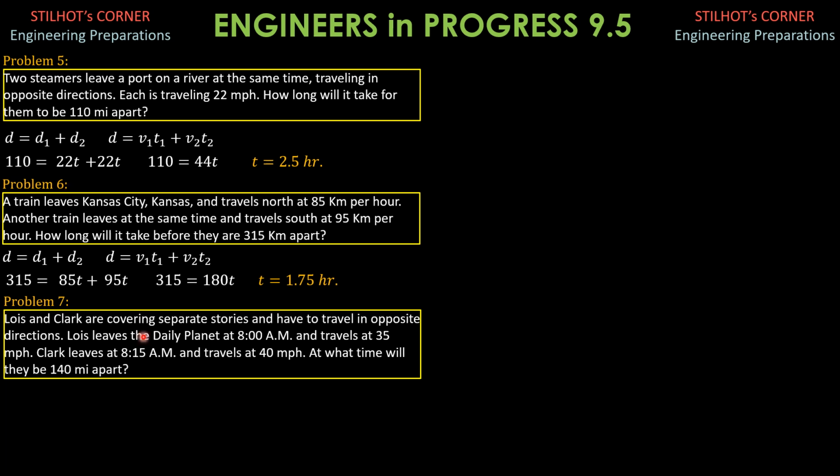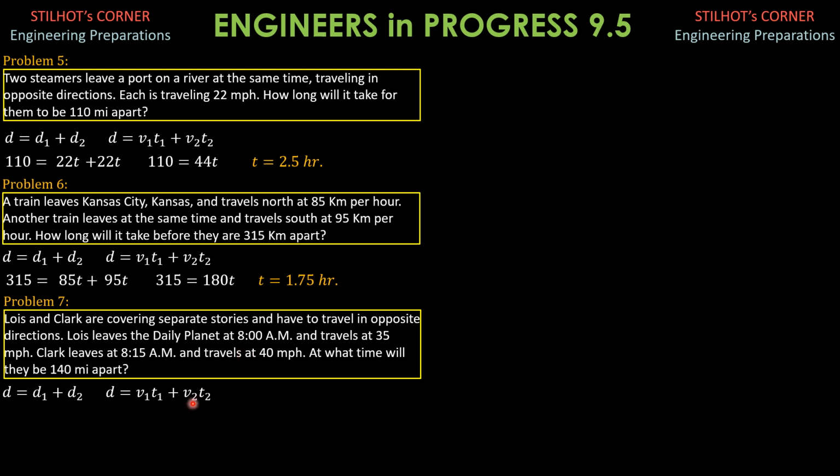Therefore, we use the same formula, distance equals d sub 1 plus d sub 2, and distance equals v1 t1 plus v2 t2, where v1 is 35 for Lois, and travel time is, just call it t, and our reference departure time is 8 a.m. While for Clark, the rate is 40 miles per hour, and the travel time of Clark is 15 minutes less than that of Lois.